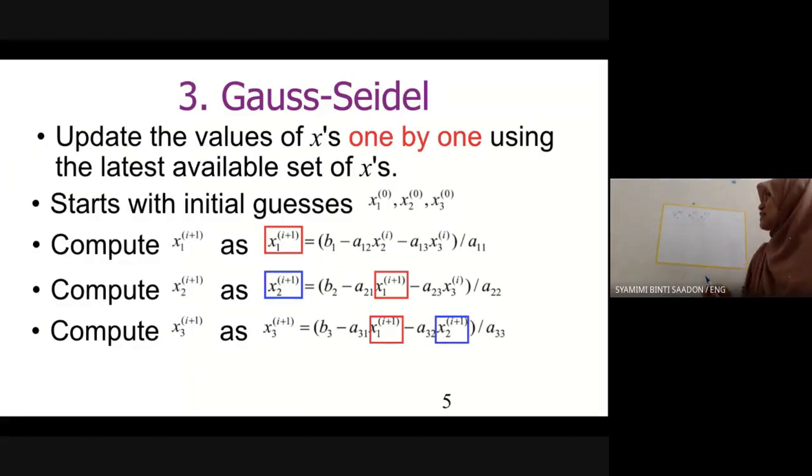So if we have I, I equals 0 at first. At I 0, we have S1, S2, S3, S1 0, S2 0, S3 0. And then we compute X1. This time we have I plus 1, the next step, the next loop.